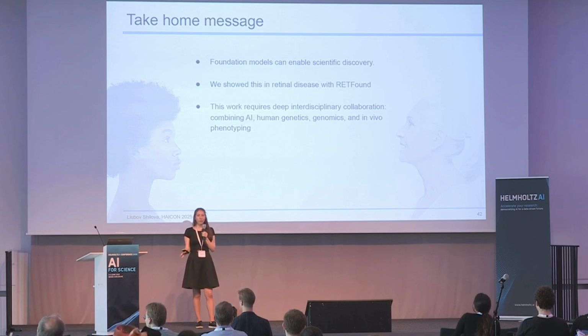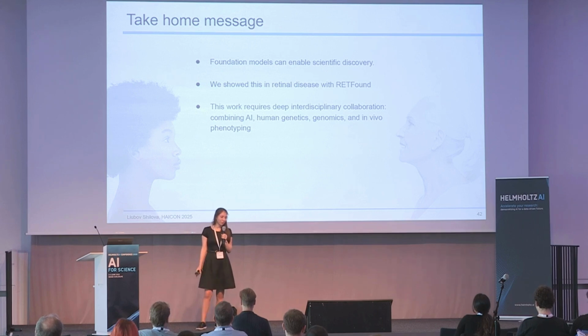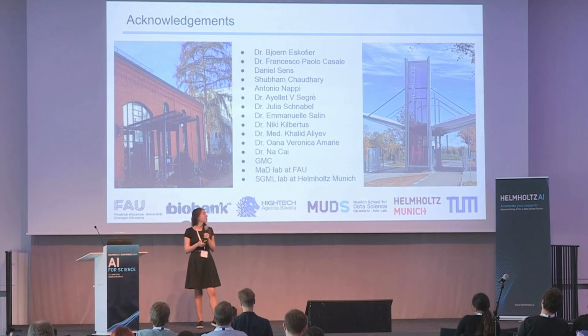Some of the take-home messages that I would like to point out is that foundational models can be used for scientific discovery, not only for diagnosis. We showed this with retinal diseases and RETFound, and this work required deep interdisciplinary collaboration, combining AI, human genetics, genomics, and in vivo phenotyping, which brings me to the next slide.